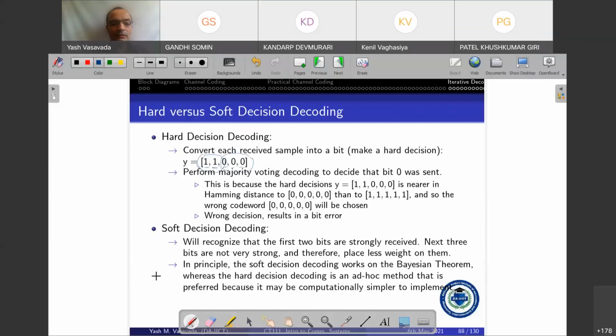But even more significantly, the reason why soft decision decoding is the right algorithm is because, like we already saw, it looks at the likelihood ratios. And so it, in fact, is the Bayesian algorithm, whereas hard decision decoding is kind of ad hoc. It doesn't have any Bayesian principle running underneath it.